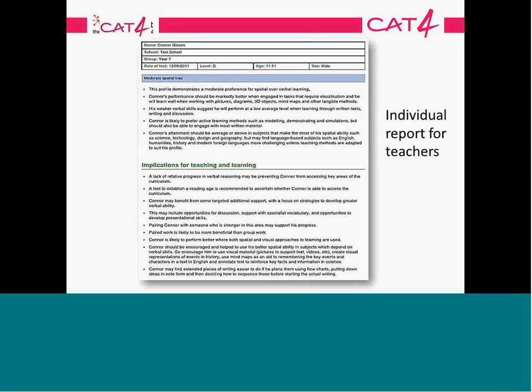It isn't rocket science, but it is, as Sue says, an attempt to get the data to where it will have most use. And if one of these points is useful in moving a child forward, I think it's worth it. You may disagree with part of these, and so you should. This is developed from a statistical model. You are the people that work with individuals day to day. You are the ones that will know their strengths. But this, I think, might shed a little bit more light on it.